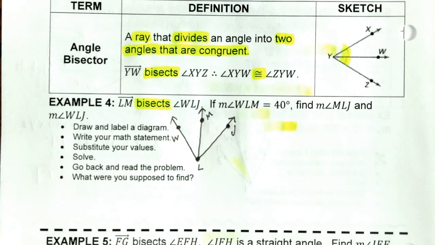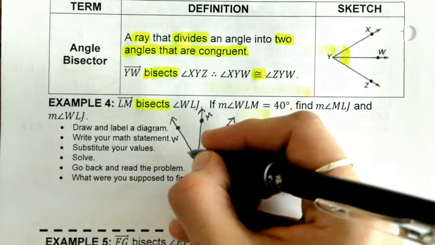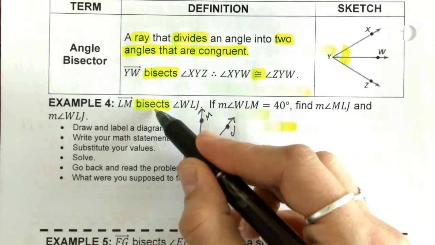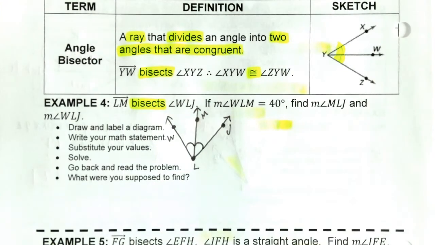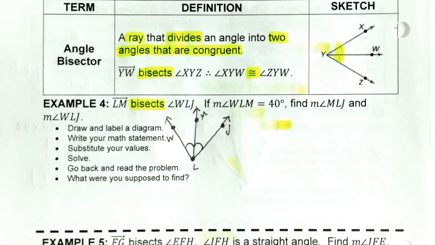So in order to show somebody with just the picture that these are congruent, that's where we need to draw those arcs. Because this is bisect, we need to draw an arc in each one of these parts. Now if I give you just the picture, now you know they're congruent.